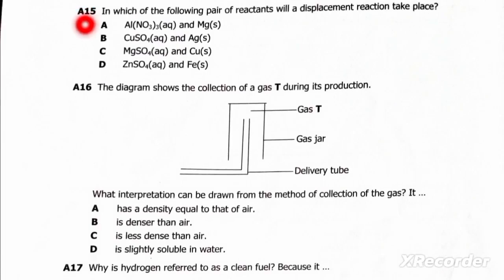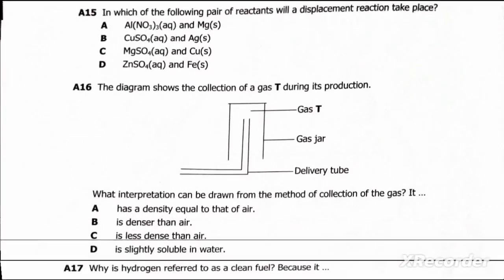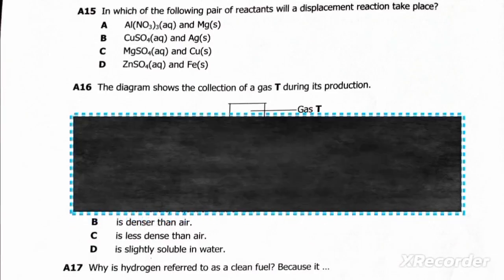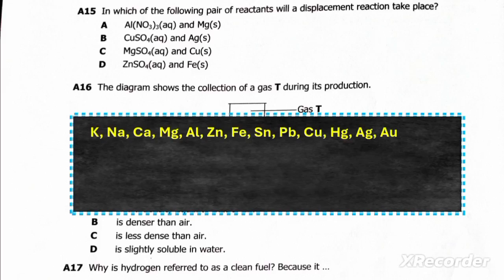Question A15 reads, in which of the following pair of reactants will a displacement reaction take place? To understand where displacement reaction will take place, we need to look at the reactivity series of the elements given. Potassium is more reactive than sodium.